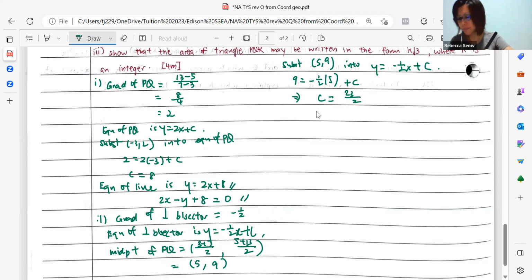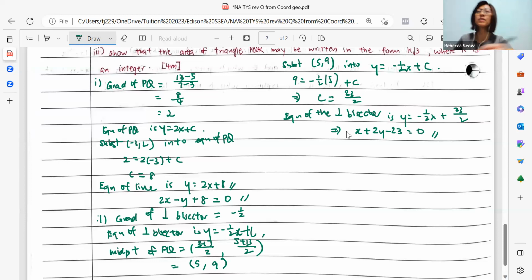So from here, the equation of the perpendicular bisector is y equals to -½ x plus 23 out of 2. Okay, and if we were to rearrange it, it will look something like x plus 2y take away 23 equals to 0.